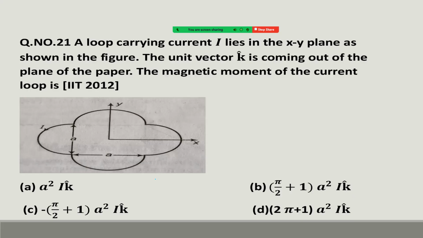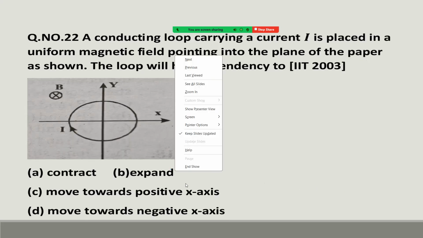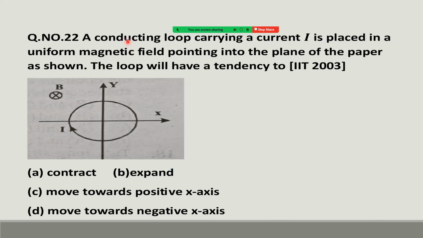Now see next one. See next problem. A conducting loop carrying current I is placed in a uniform magnetic field pointing into the plane of the paper. We can see here conducting loop.